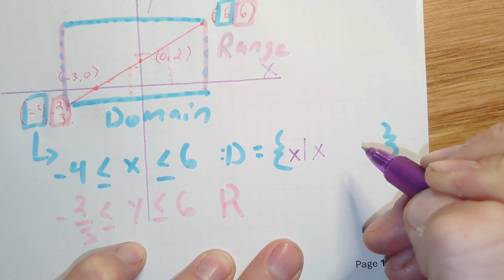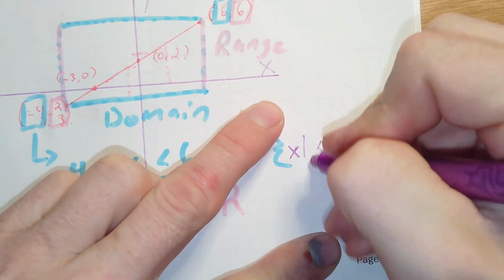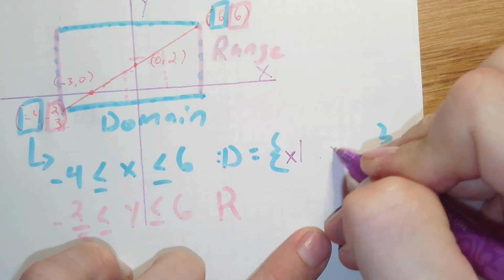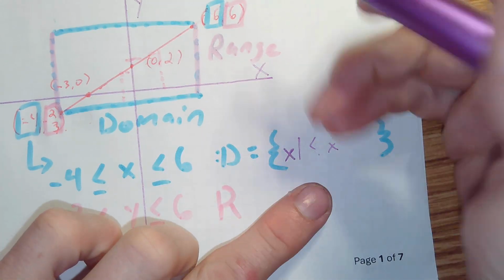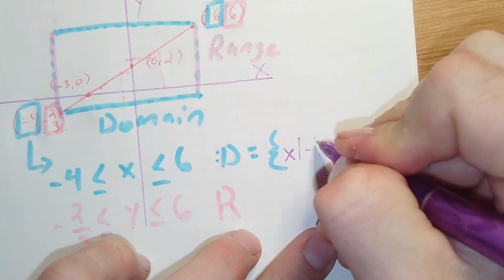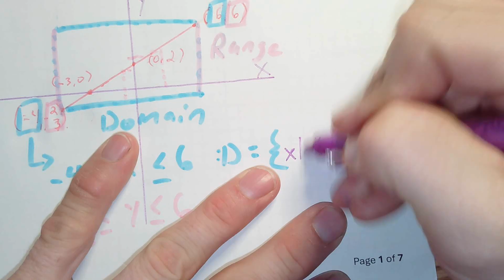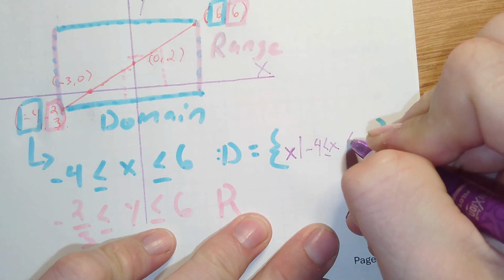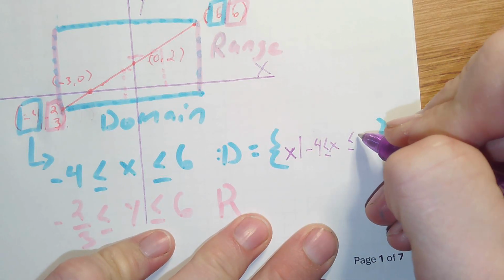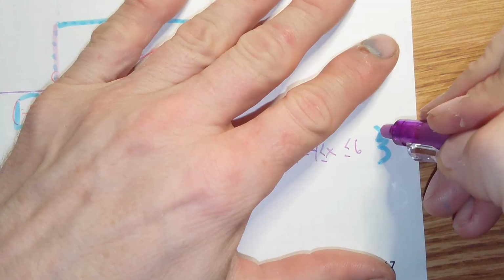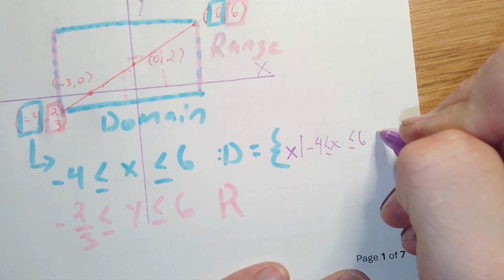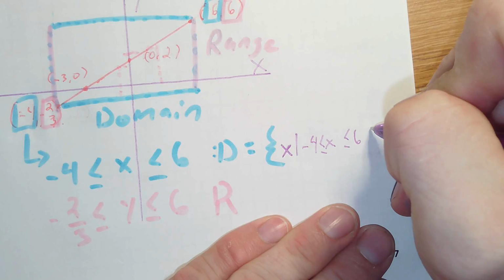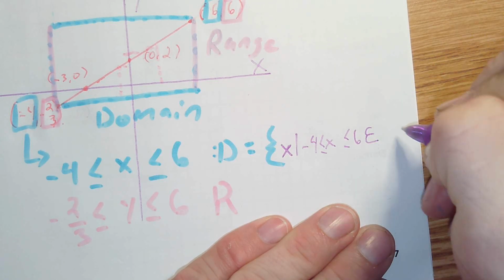x is greater than or equal to -4, less than or equal to 6, and x is an element of all real numbers.